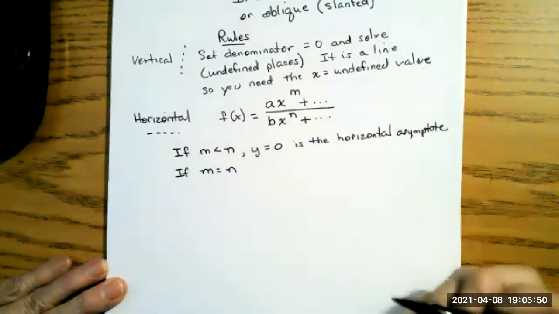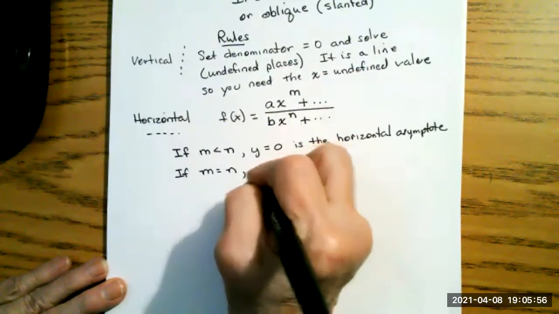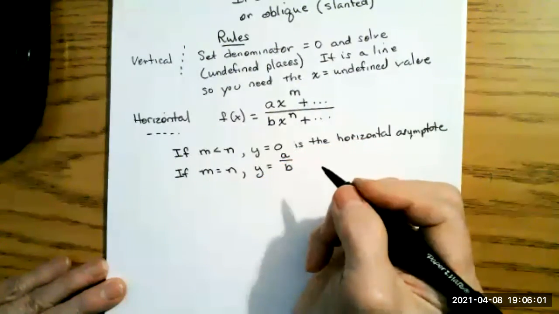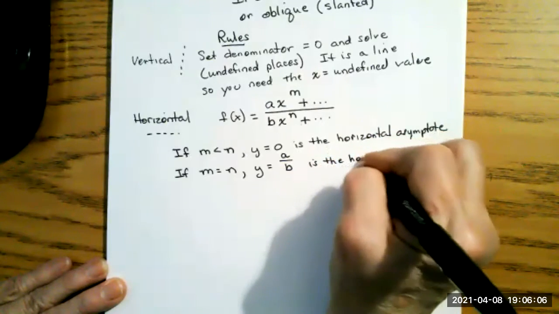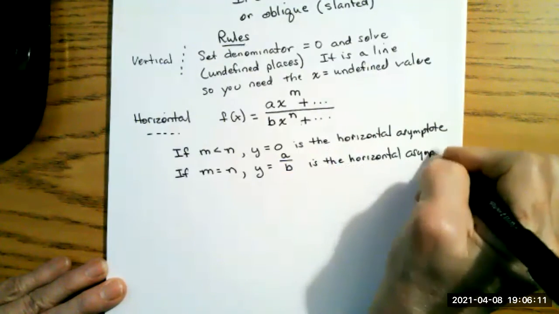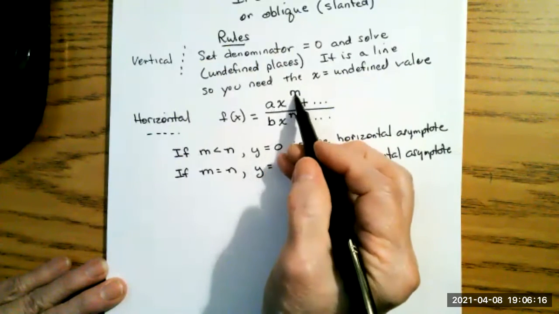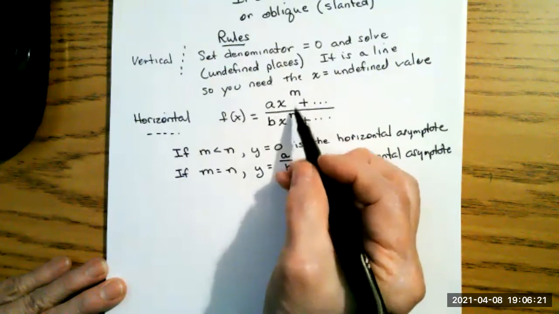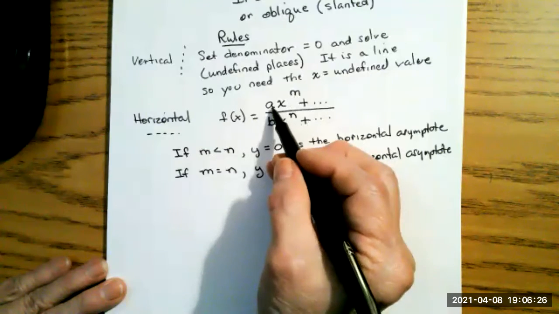And in that case, you do y equals a over b for the horizontal asymptote. That would be like if this was 3x to the 4th and this was 2x to the fourth. Those fours, that m and n would be equal, so that would be 3/2.